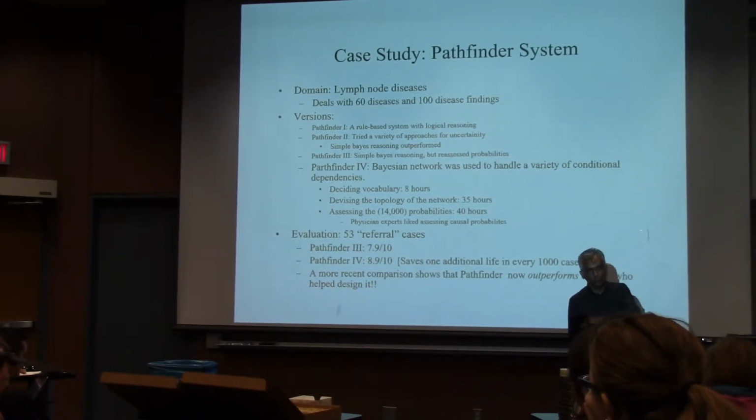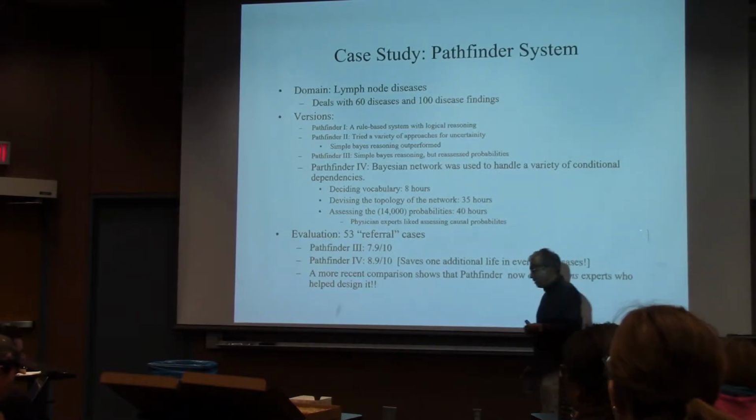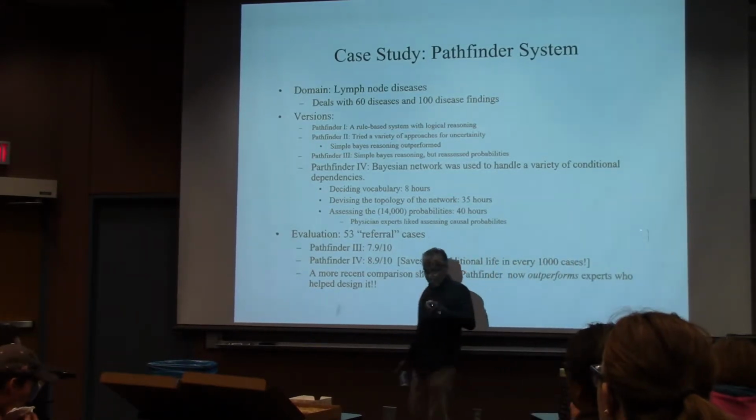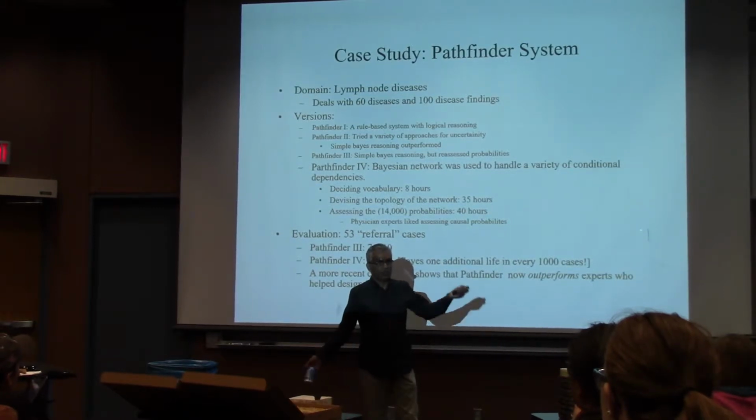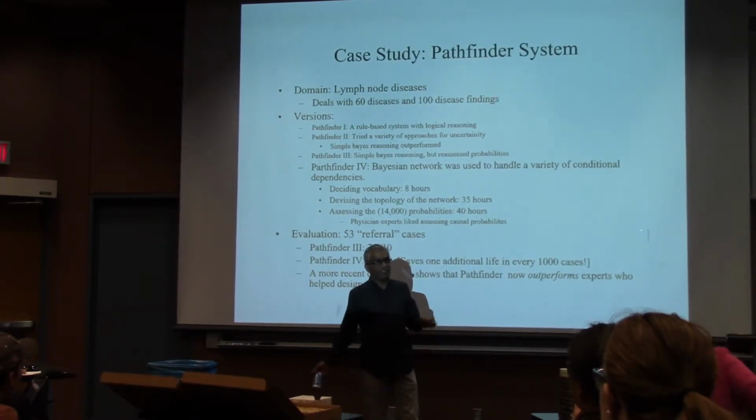So they lived through all these problems that I was talking about two classes back, and they found that the Bayes network version did much better. They built the Bayes network by assessing the probabilities, talking to the experts and writing those probabilities down, and then using the probabilities to decide, for a given set of symptoms, whether a particular disease is actually there or not.